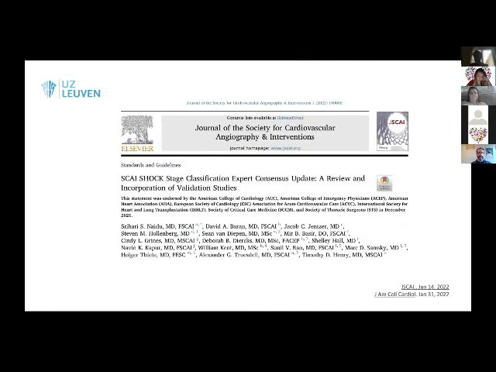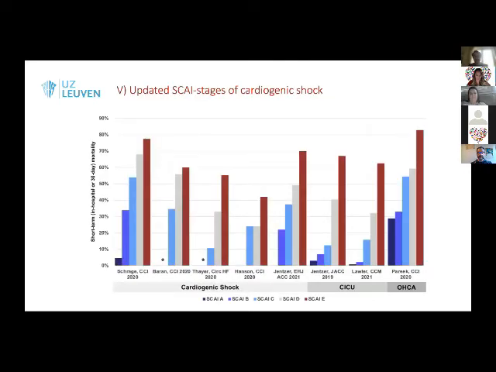And only since a couple of weeks, or even days, there's an update publication in JACC and in Journal of SCAI about this SCAI classification. And I'm happy to give you a short introduction about this updated version of the SCAI pyramid. As nicely shown in this publication, the mortality is highly dependent on the SCAI stage the patient is coming in.